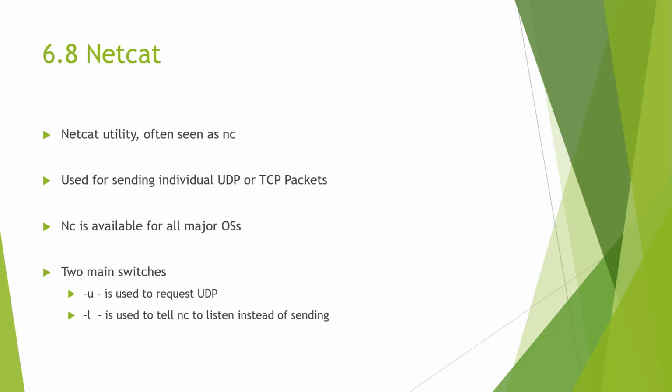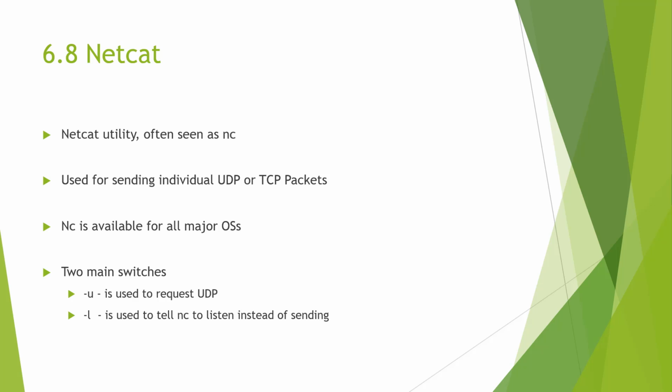We have a utility that we can actually use to check for communication: Netcat, also known as NC. NC is used for sending individual UDP or TCP packets. We want to test to see if a socket is actually receiving information.